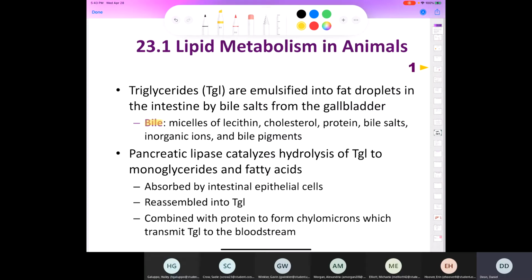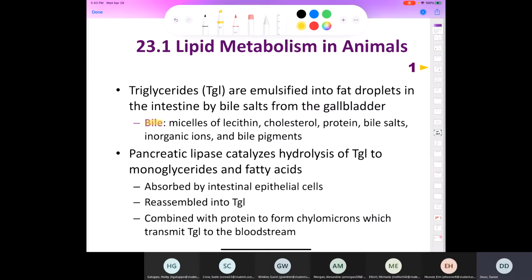Once we break them up into these little tiny droplets, pancreatic lipase, an enzyme that catalyzes the hydrolysis of lipids, hydrolyzes those triglycerides into monoglycerides. We make a monoglyceride and two fatty acids, and I'm going to show you a figure of that as well.